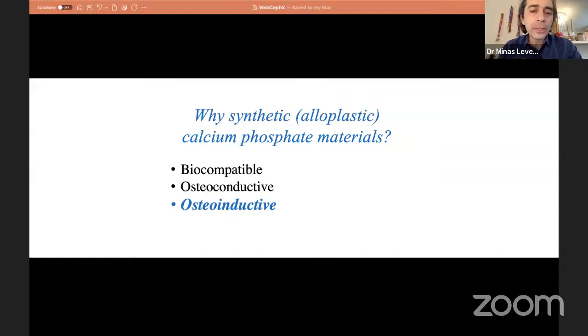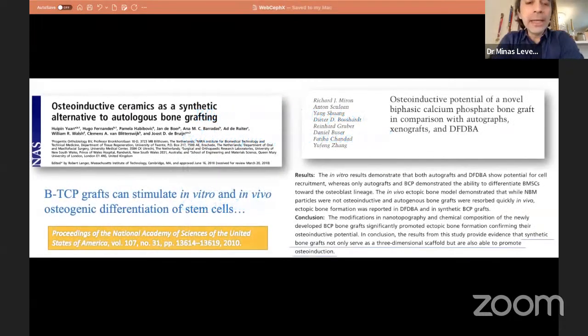Also, it's very important that the novel synthetic absorbable materials are not only osteoconductive, but they are also osteoinductive. And this is a very interesting and very good property of those materials, because it means that beta-tricalcium phosphate and silicate, when we place them into the bone, are also active materials.